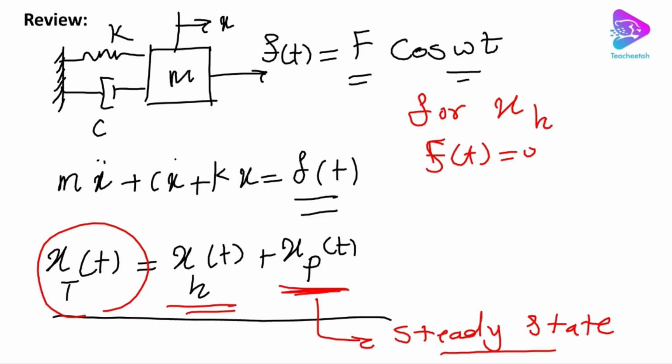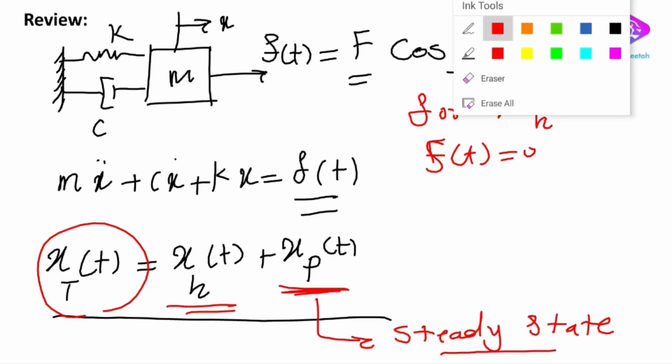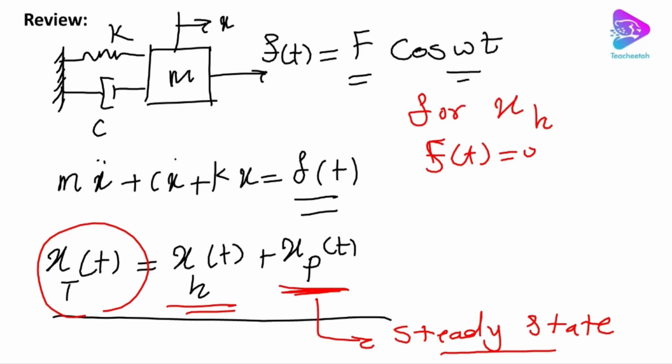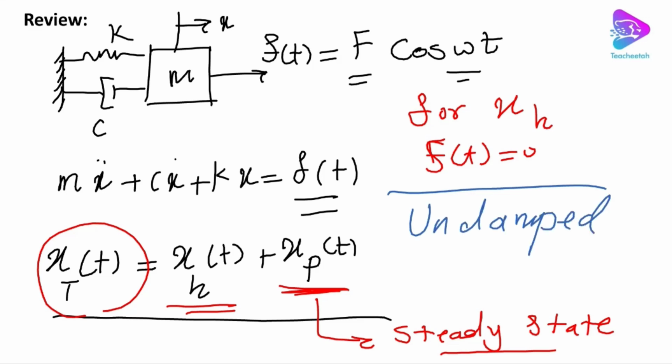For today's examples, as we are going to have a couple of videos on this topic, we suppose that the system has no damping. So we have undamped cases for today, which means there is no damping in the system, and this one is 0.